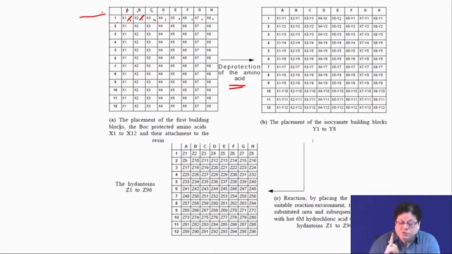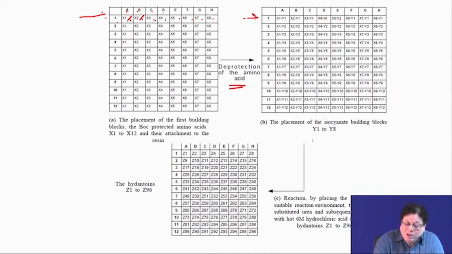Okay. So, you have to select 12 amino acids and then couple. So, Y1 now. Earlier with X1, X2, the beads have different amino acids here, and on this side beads have the same amino acid.